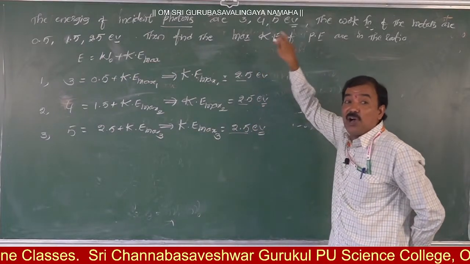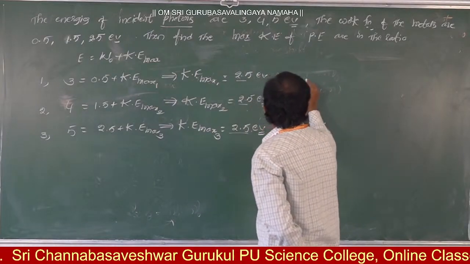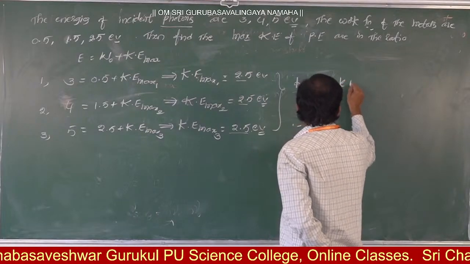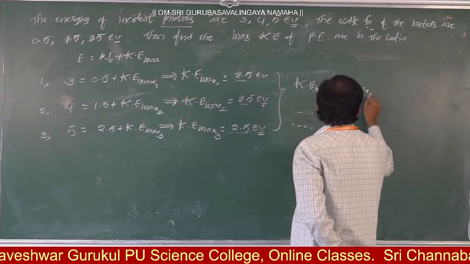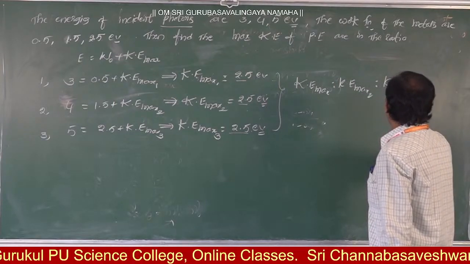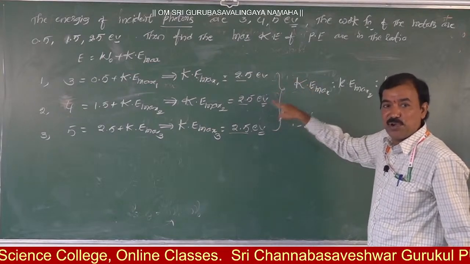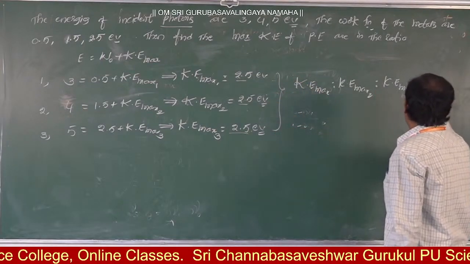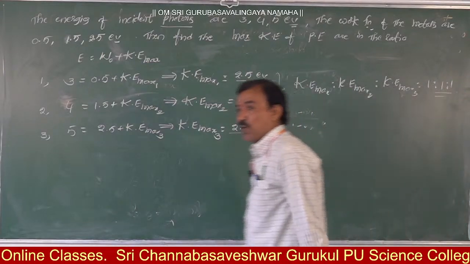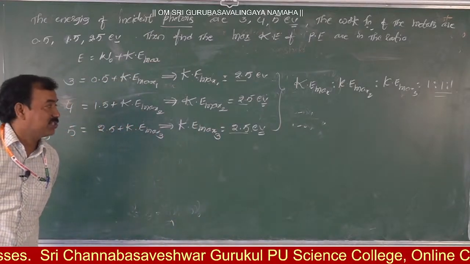The ratio of the maximum kinetic energy: Ke maximum 1 to Ke maximum 2 to Ke maximum 3. The value is 2.5 to 2.5 to 2.5, so the ratio is 1 is to 1 is to 1. One simple question here.